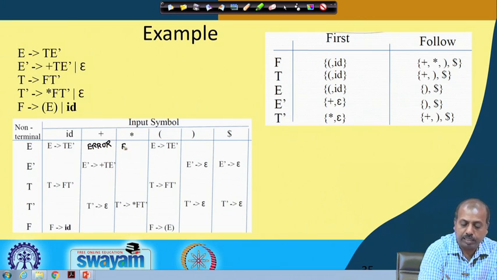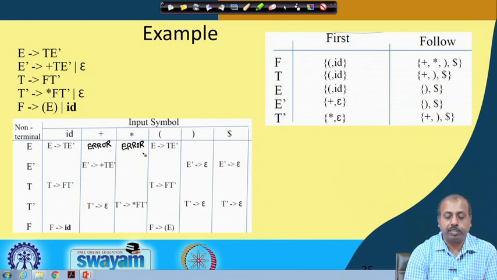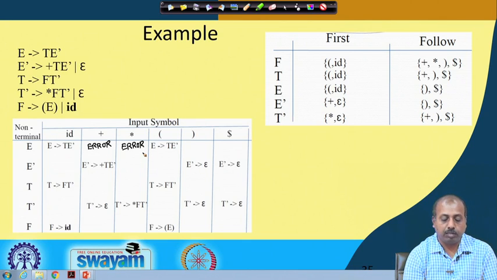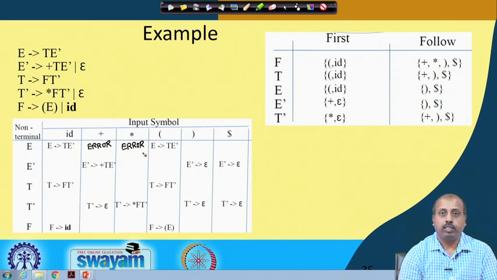Whenever the parser comes to this particular table entry, it means there is an error in the input stream. As a result, the input stream has to be rejected, as there is some syntax error, and the parser needs to recover so that it can continue parsing the remaining strings.